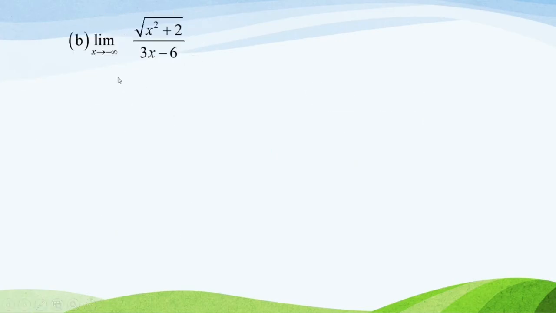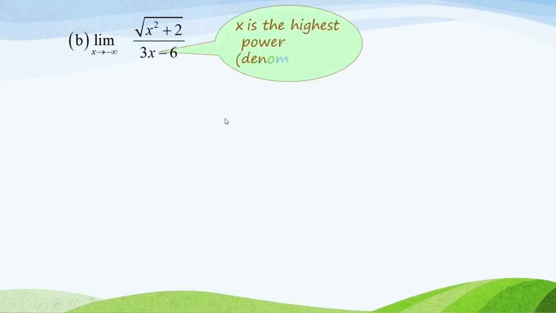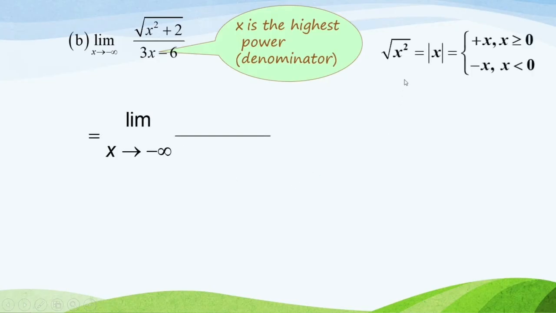For question B, limit x approaches negative infinity, square root of x squared plus 2 over 3x minus 6, and we know that x is the highest power of the denominator, so we must divide the denominator by negative x. Why negative x?